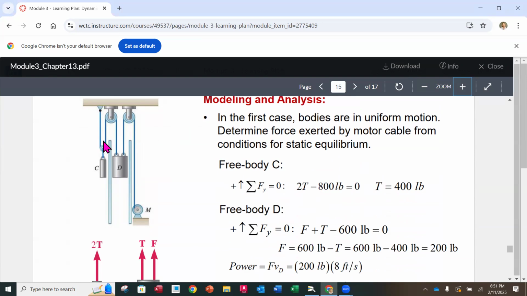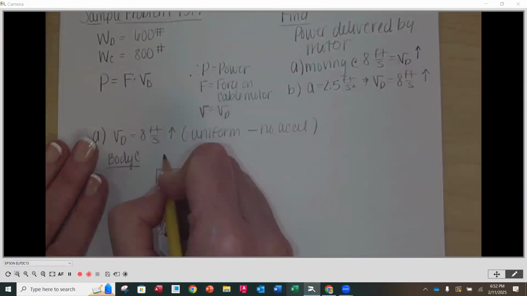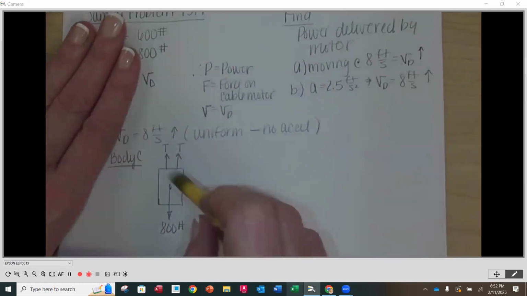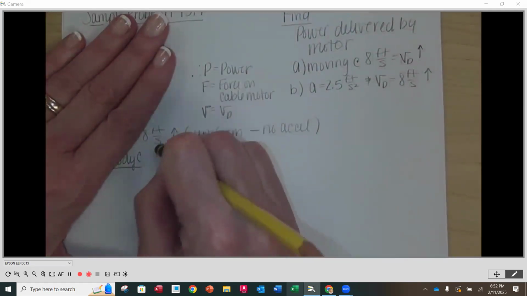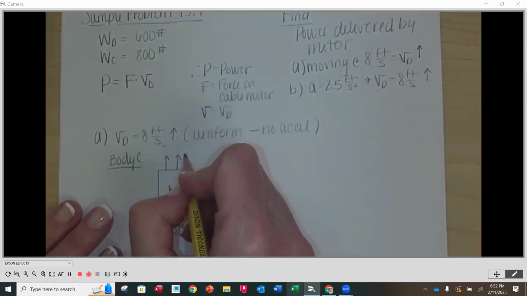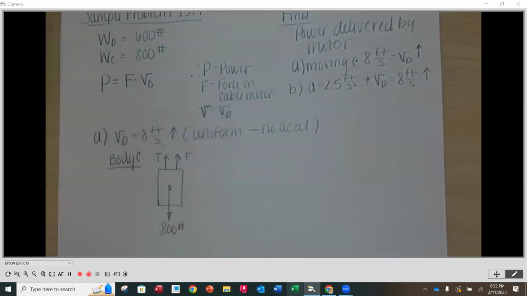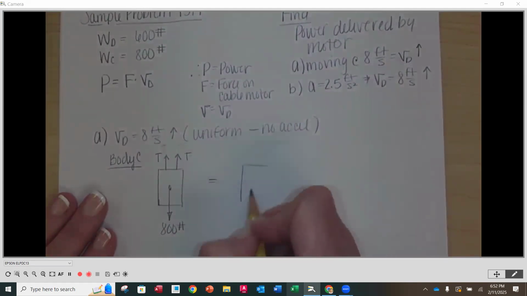So that means that there's actually two reactions going up, which is going to be equal to the tension in the cable that's going to connect over here to D. So we're going to simulate that as two separate forces, a T and a T. We're going to call that the tension in the cables. Put those on the side here, T and T. So we basically have two T's going up that are going to have the same tension.